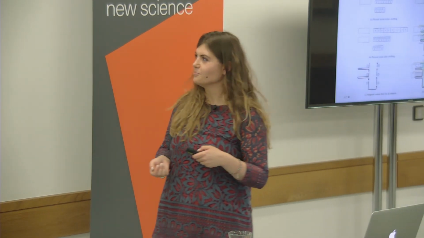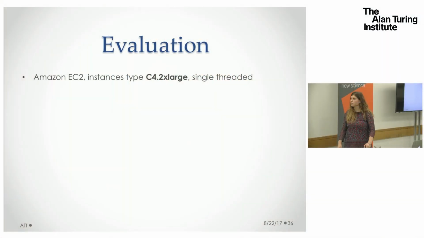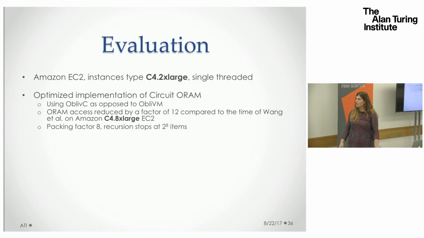So now that we had this construction, we implemented it and evaluated it. For this, we used several Amazon EC2 servers. To have a fair comparison, we first re-implemented circuit ORAM with all the optimizations that we have developed already.